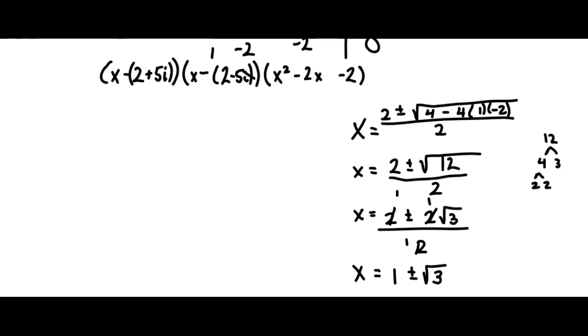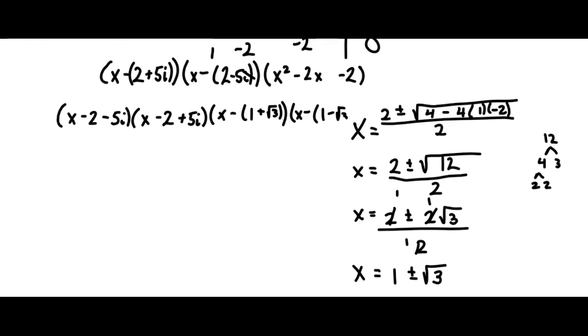So if we simplify these complex factors up here, we get x minus 2 minus 5i. We have x minus 2 plus 5i. And then we factored the quadratic into x minus 1 plus radical 3, and we also have x minus 1 minus radical 3.